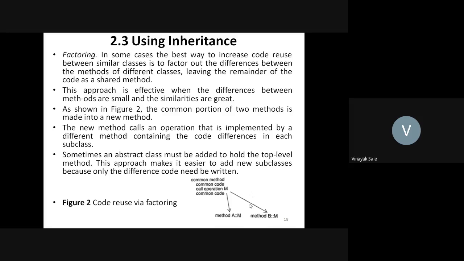So the new method calls an operation that is implemented by a different method containing code differences in each subclass. Sometimes an abstract class must be added to hold the top level method. This approach makes it easier to add new subclasses because only the difference code needs to be written.